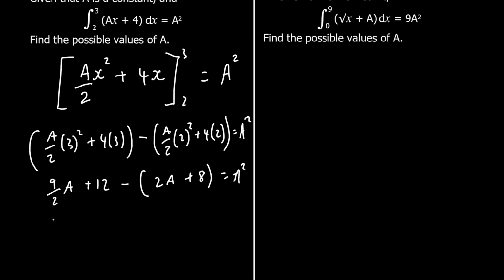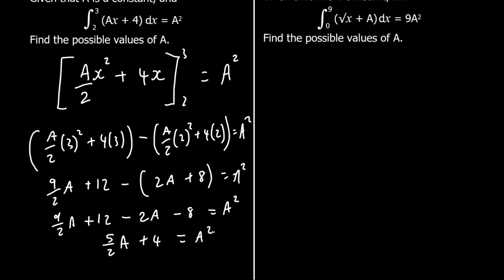I'll get rid of the bracket now, so 9 over 2 a plus 12, so I'm taking away both the terms inside the bracket, so minus 2a minus 8 equals a squared. So I've got 9 over 2, take away 2, so that's 5 over 2 a, 12 take away 8 is 4, and that equals a squared.